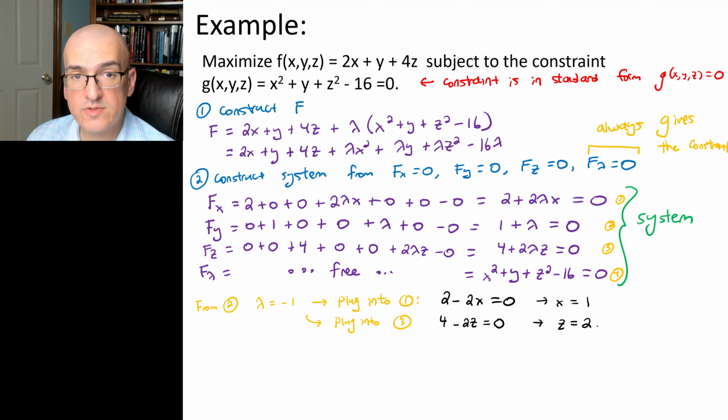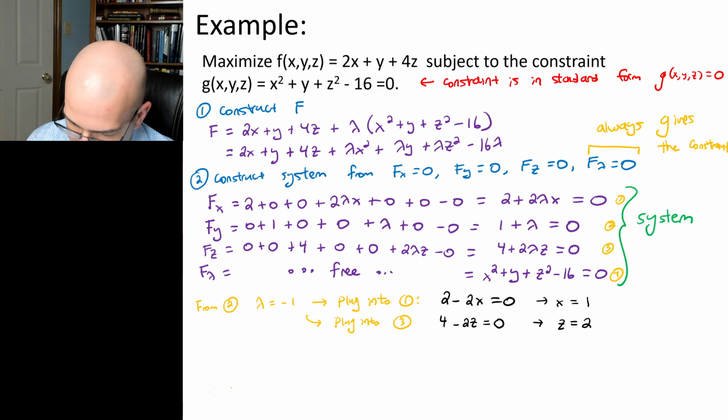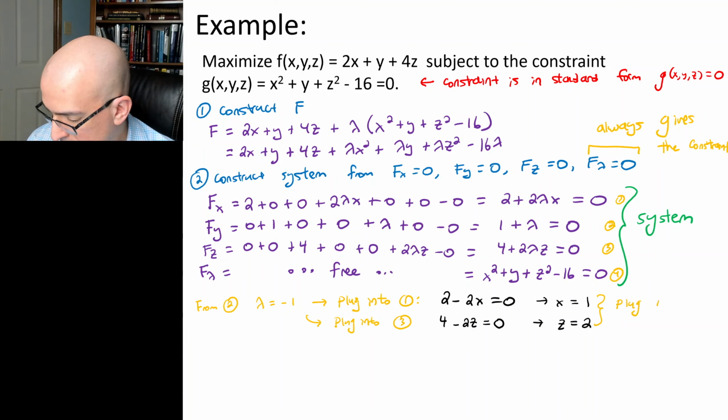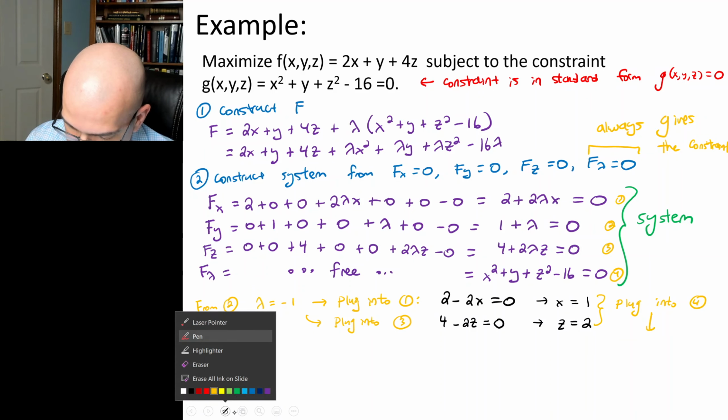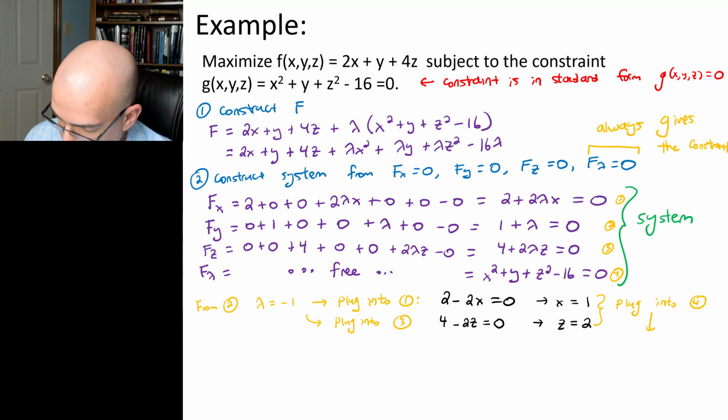And we can plug those into the fourth equation. When we do that, instead of x squared, we have 1 squared plus y plus 2 squared minus 16 is equal to 0.